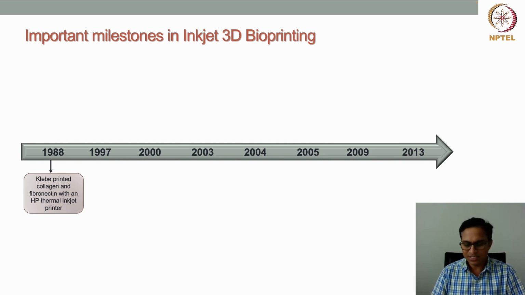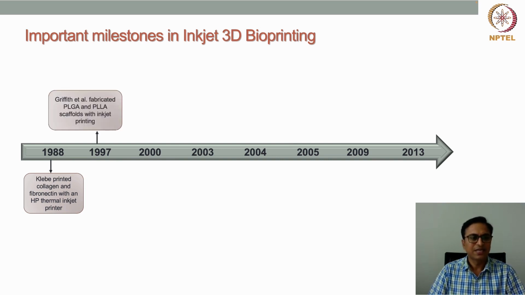With the initial success of that, in 1997 Griffith et al. fabricated 3D scaffolds with inkjet printing technology using biomaterials like PLGA and PLLA. Both of these are synthetic biomaterials. They used them to print 3D structures with an inkjet bioprinter.